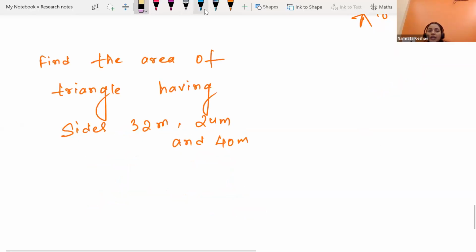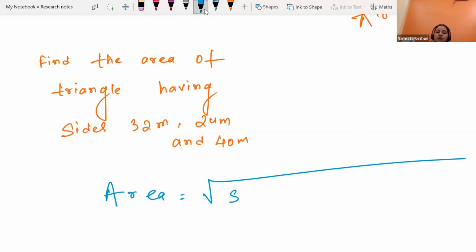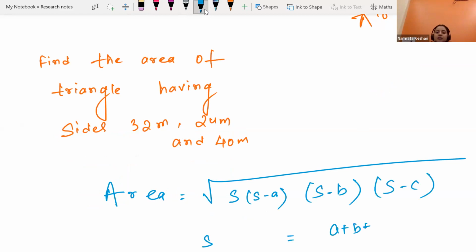Formula again I am writing over here since you are new to it. Area formula is under root S times S minus A times S minus B times S minus C, where S is nothing but the semi perimeter, the perimeter divided by 2, and that's why we call it semi perimeter.